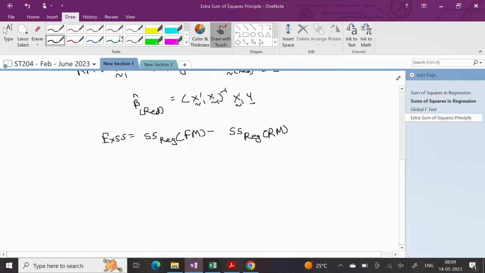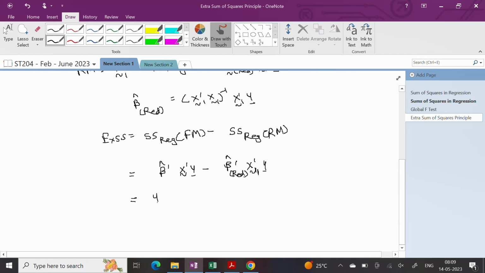Okay, so let me write. So this becomes beta hat prime X prime y minus beta hat reduced prime X1 prime y. Okay, I have X1 here. So let me substitute values of beta hat. Beta hat is (X prime X) whole inverse X prime y.